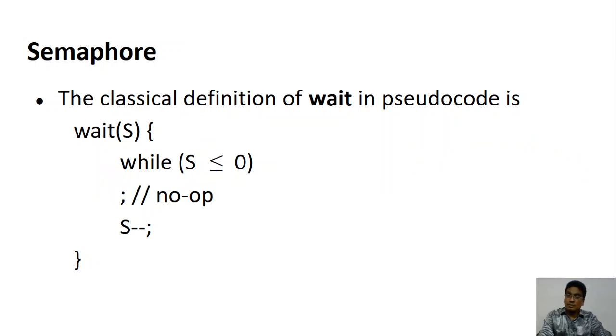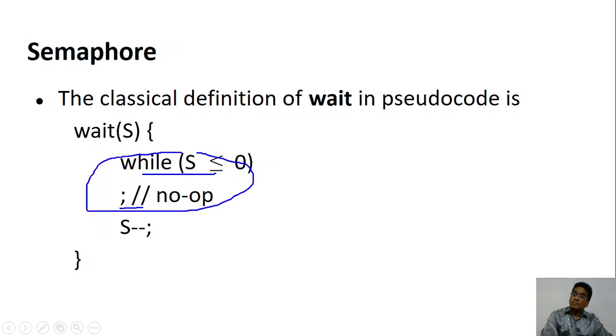Why can you not go to the next step? Because you are stuck in this while loop. This is just a dummy while loop, and you are stuck in it until somebody sets the value of S to 5, 4, 3, 2 or any positive number.